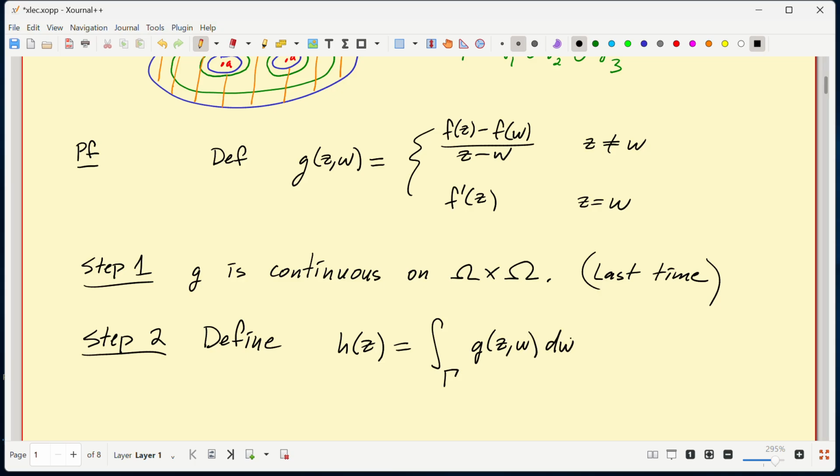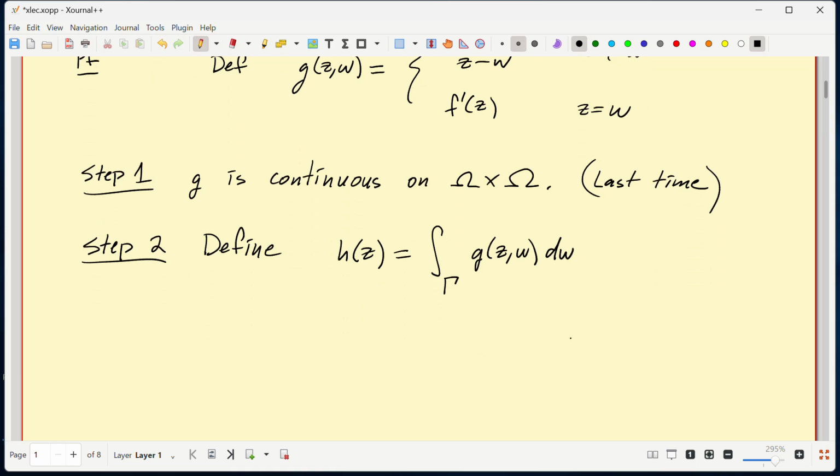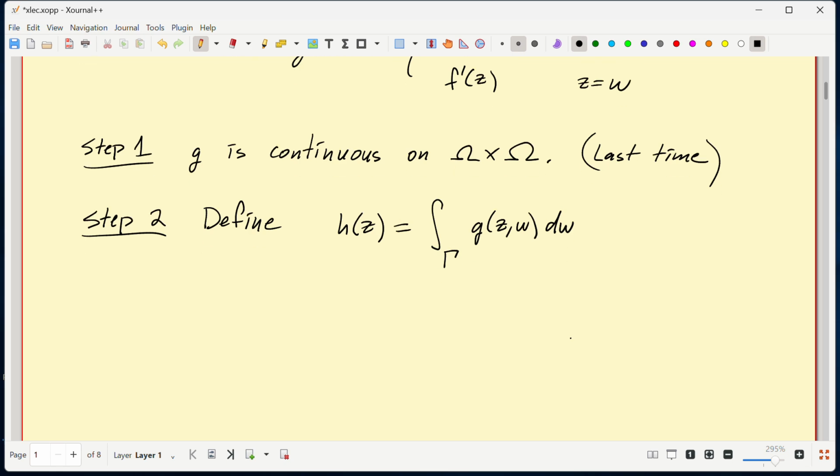Okay. Now I'm going to show you that H is analytic on omega. In fact, we're going to show that H extends to be an entire function. And it's going to be a bounded entire function, so it's going to be constant. And that constant's going to be 0. And that's basically the proof.